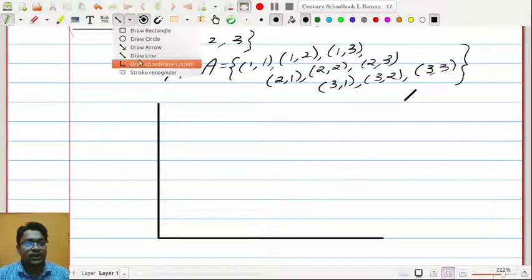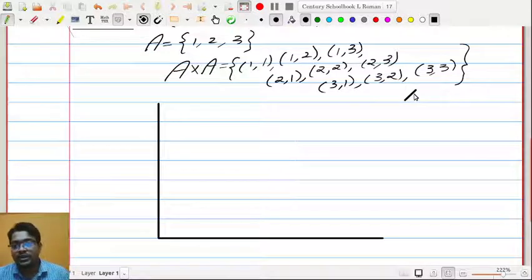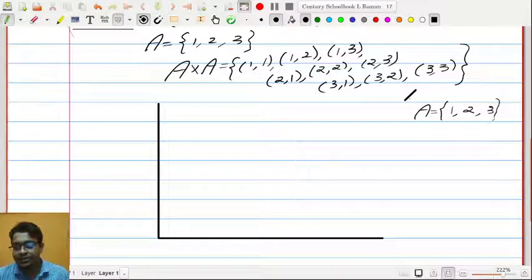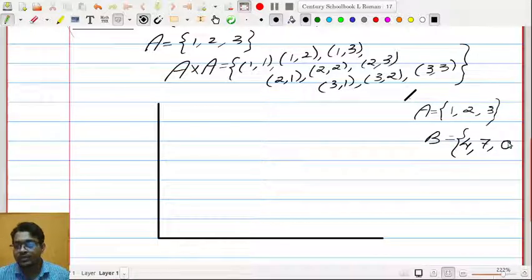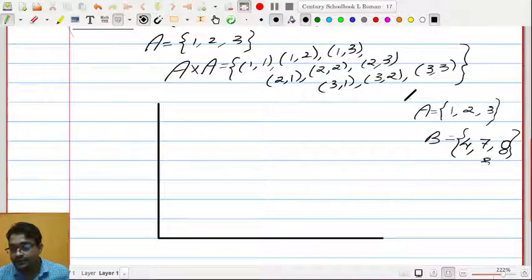Let us take a different set: A equal to {1, 2, 3}, and for B I take a different one, suppose {4, 7, 8, 3}.